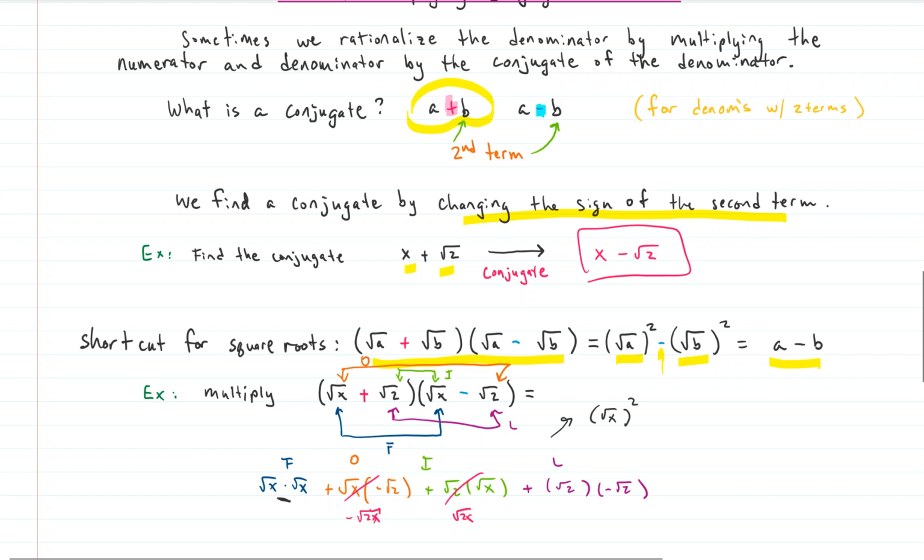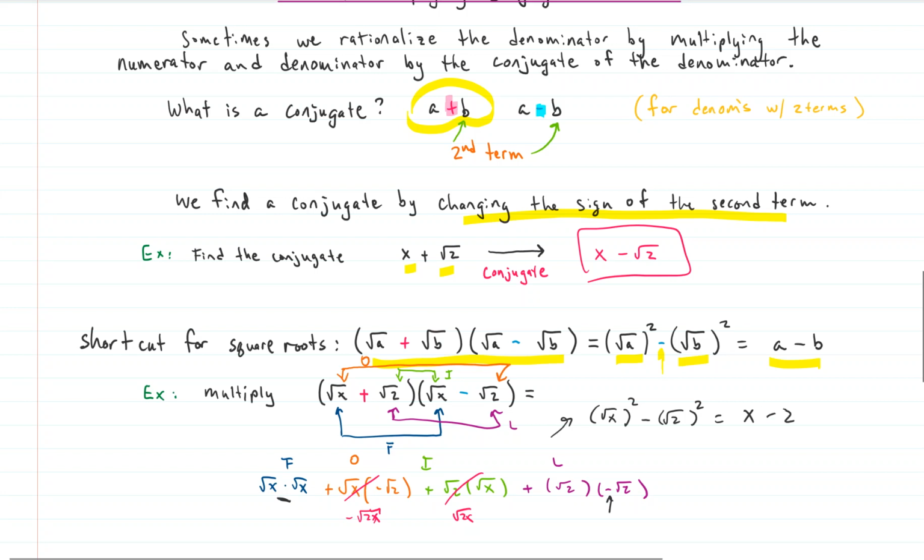The last one would be, we'll have our negative there from the second root 2, and we have root 2 quantity squared. This gives us the square root of x squared, which just gives us x. Square root of 2 squared gives us 2.